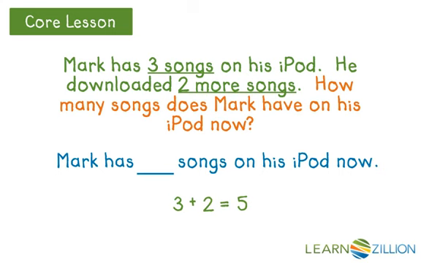So let's take our answer and put it in the sentence we've already made. Mark has 5 songs on his iPod now. Does this make sense? I think it makes sense because if you had 3 songs and you got 2 more, you would have 5 songs altogether.